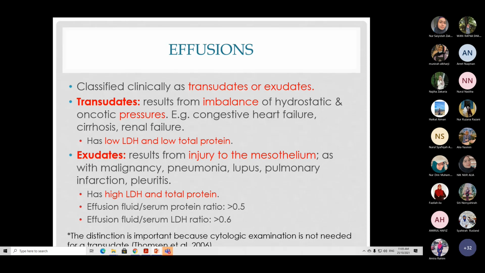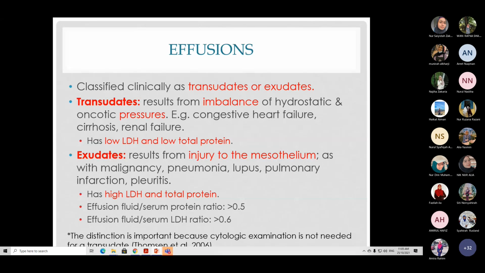Alright, so I'm sure you know already what are effusions. Okay. So effusions can be clinically classified as transudate or exudate. You learn already about transudate, exudate, right, in your year 2 and year 3. But in cytology, even though you know already what are transudates and exudates, we want to focus on the pericardial, pleural, and peritoneal cytology.